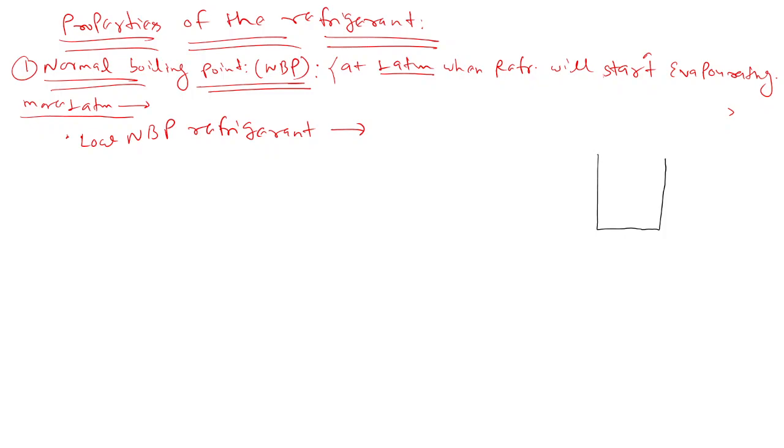Low pressure. Why? Because the boiling point is low, sir. It would easily reach its boiling point, therefore easily generate the pressure, sir.